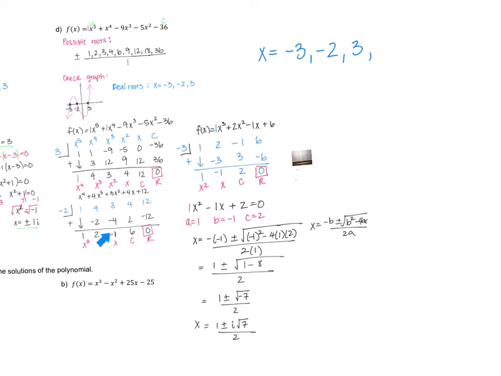And then after using synthetic division, I got to this quadratic, and the quadratic led me to this imaginary solution. So x equals plus and minus, so that counts as 2 solutions, the square root of 7 over 2. You can probably split this up as one that's positive and one that's negative, but this counts as 2 solutions here. So there's 1, 2, 3, 4, and 5. So that is all my solutions.